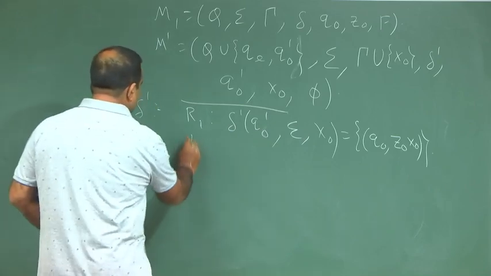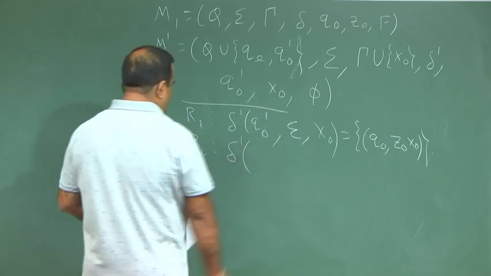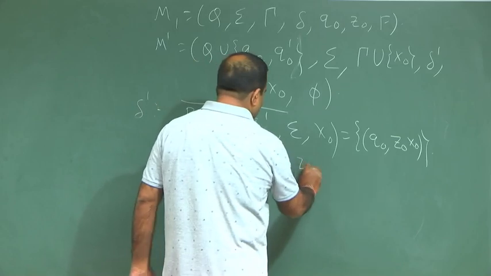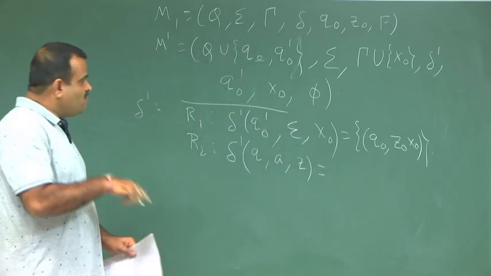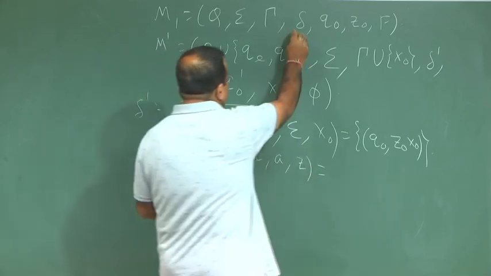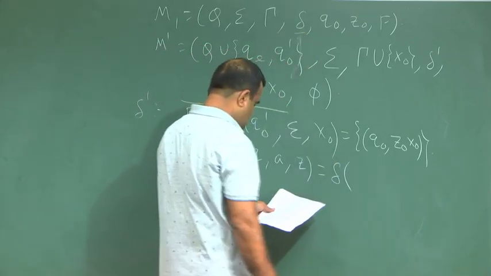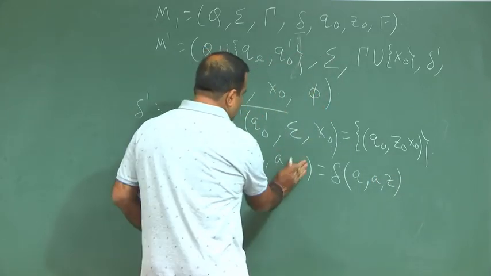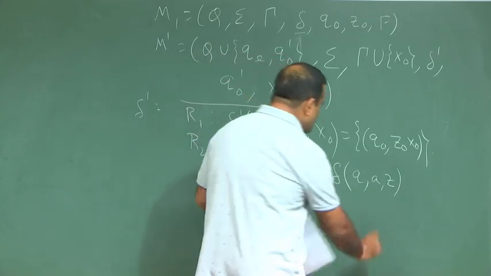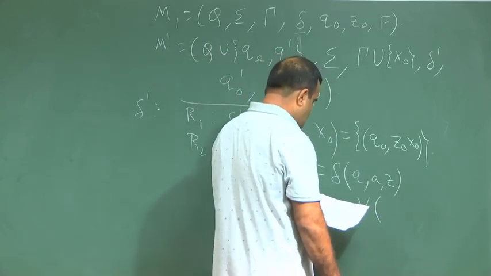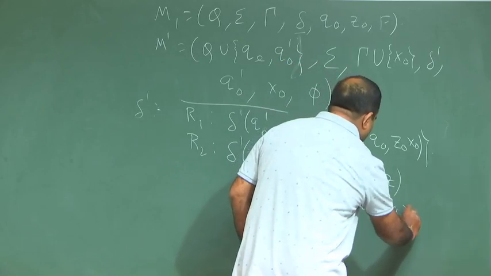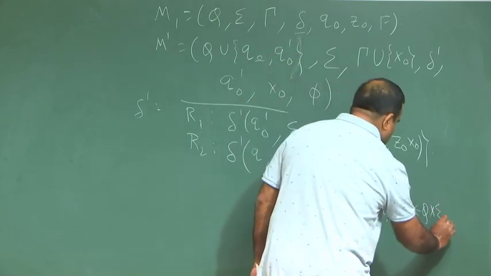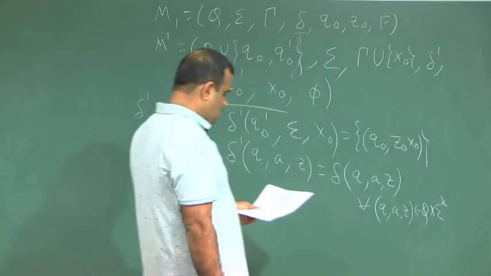So, now we have delta prime of any q, a and any z, which is the same as, now we are at M1, delta of q, a, z, and this same z. This is true for all such q, a, z, where q is coming from Q, and a is coming from sigma, including epsilon, because we have epsilon moves also, and the stack symbol.